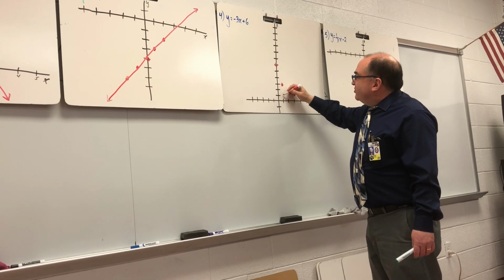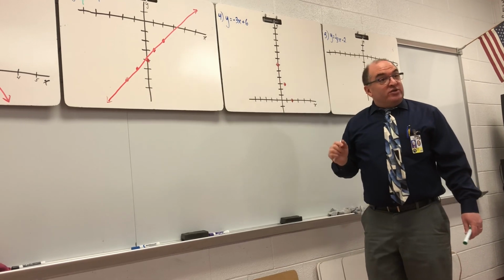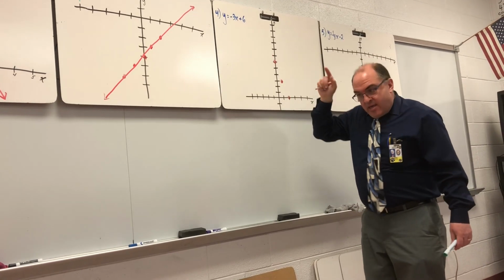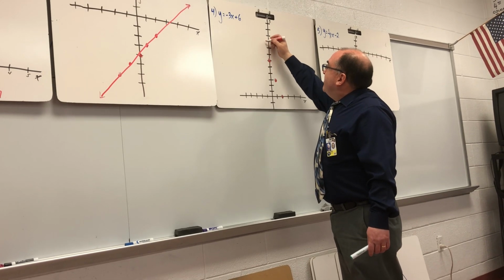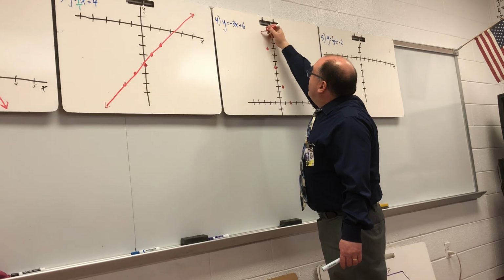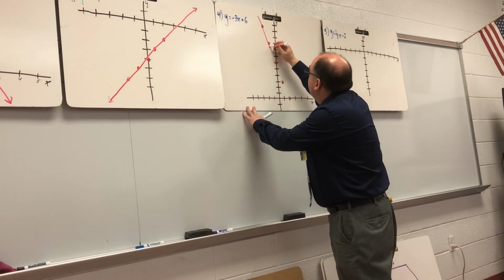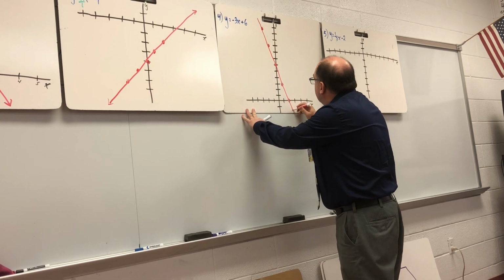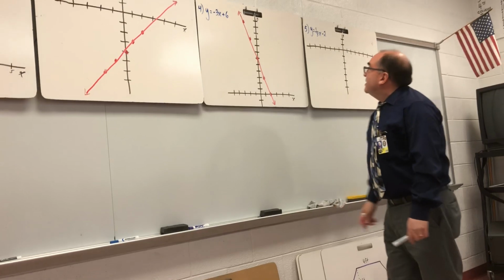Again, down 3, over 1. Big fat dot. I'm also going to go up 3, back 1. Up 1, 2, 3, back 1. Draw your line, one end of the graph through the points, all the way through to the other end. Arrows at both ends. Okay?